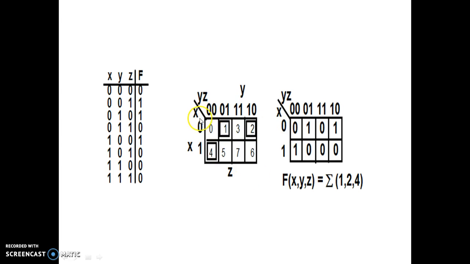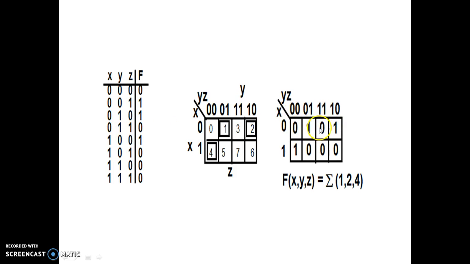That means X Y Z. That means 0 and 1. There are 2 inputs, and 0 0 0 1 1 1 and 1 0. That means 0 0 0 gives 0, and 0 0 1 gives 1, and 0 1 1 gives 0.